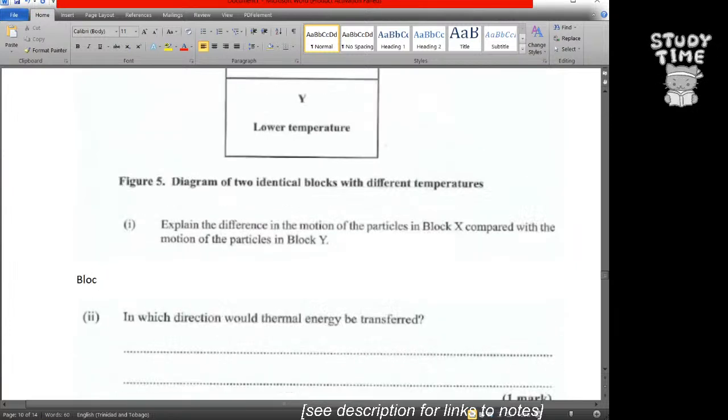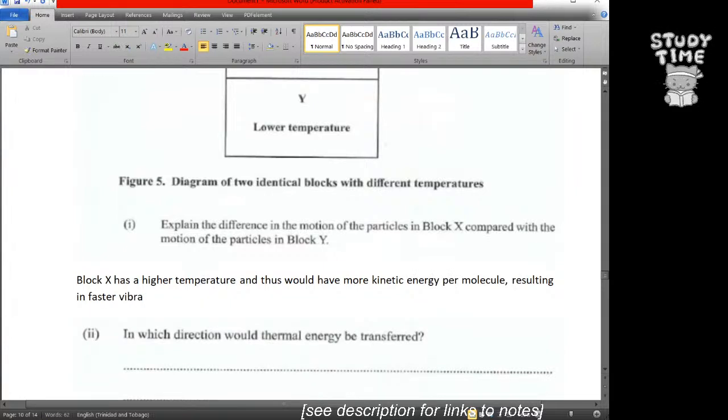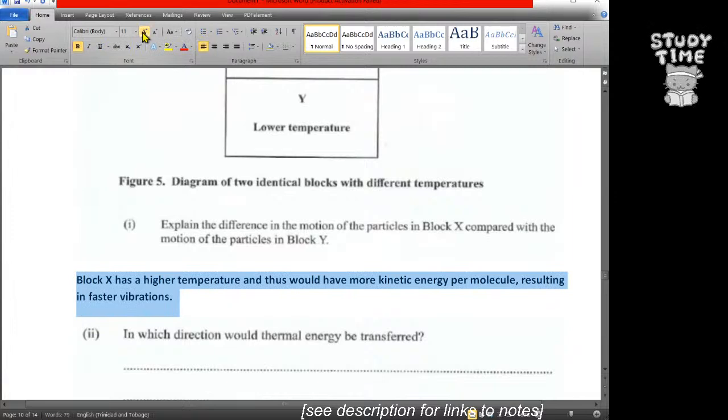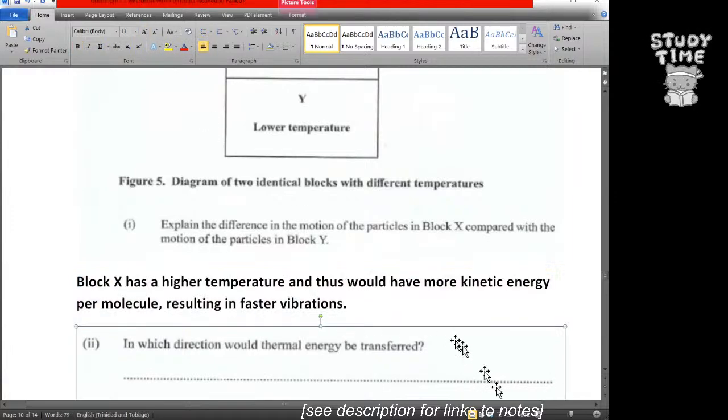Alright, so block X has a higher temperature and thus would have more kinetic energy per molecule, resulting in faster vibration. Something like that. In which direction would thermal energy be transferred?